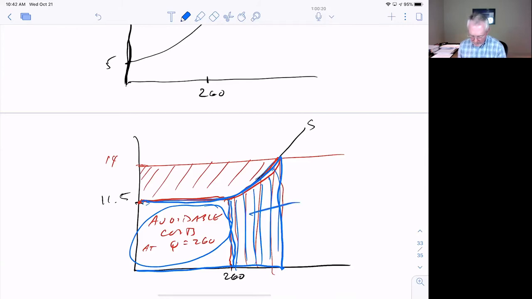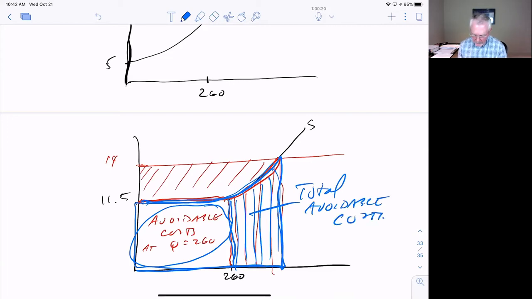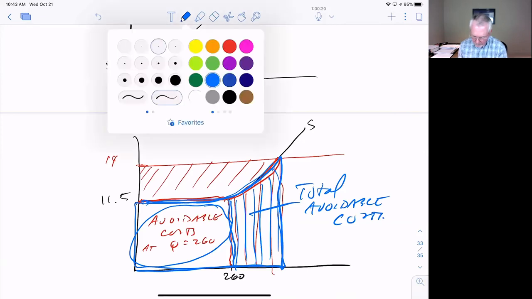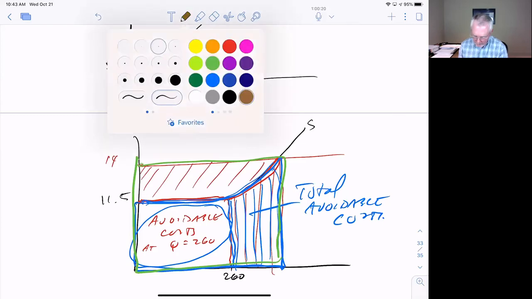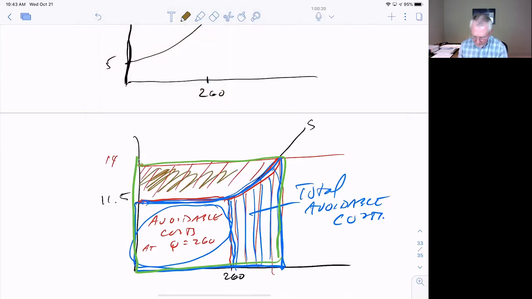So this entire area here is total avoidable costs. And then this rectangle here is my total revenue. So I'm left with this area in here, which is producer surplus.